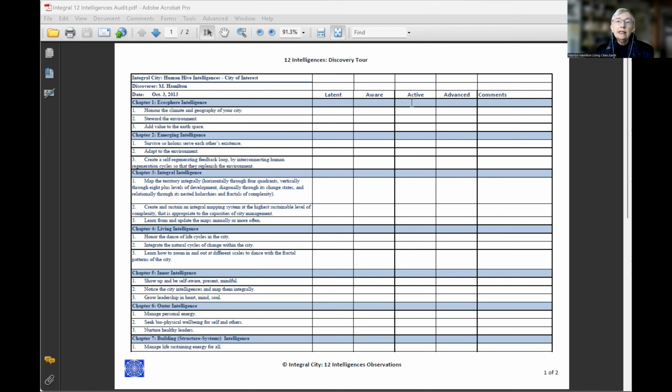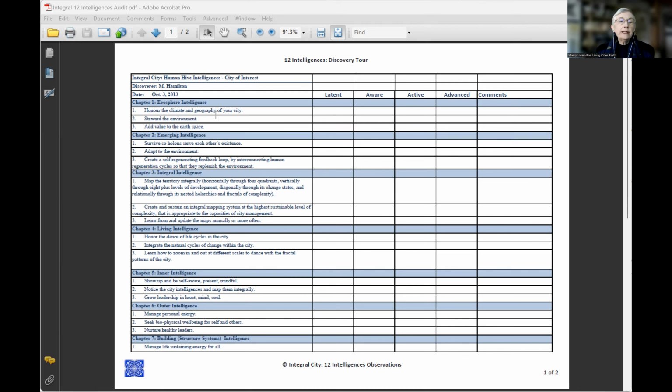On a more intense level, you could say that people are not only aware, but they're actively implementing and coming from this intelligence in their actions. And then the last scoring on the Likert scale is advanced. And advanced is kind of like a master application of that intelligence. And on the form, you're allowed to make comments and give the kinds of examples that you might find.